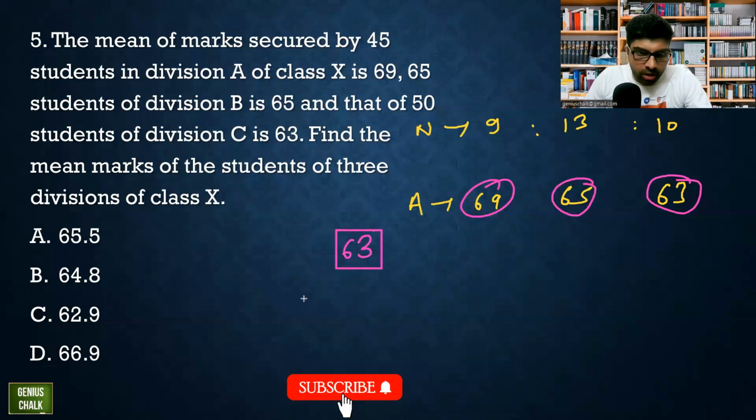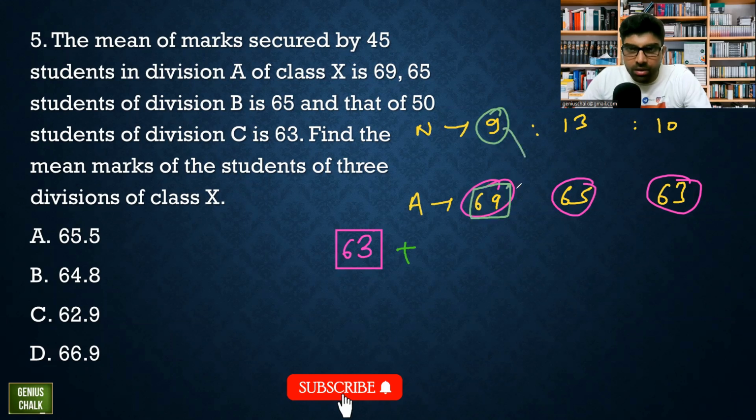Now see very carefully. If 63 is my assumed average, this must be 9 people with 69. That means 63 is my average. What is extra? If this person had 63, he is having 6 extra, right? So this 6 extra is for each of the 9 people.